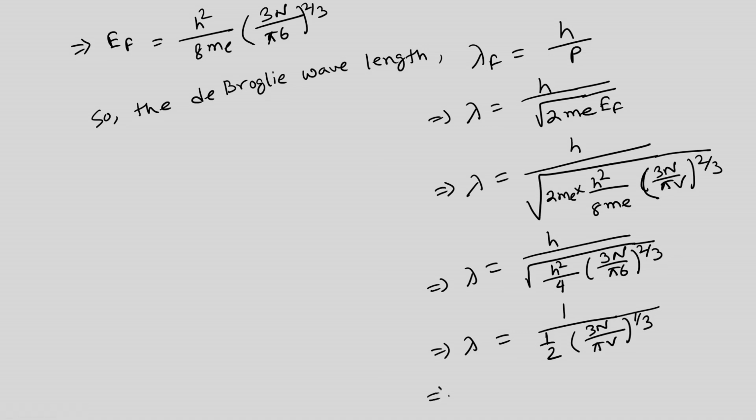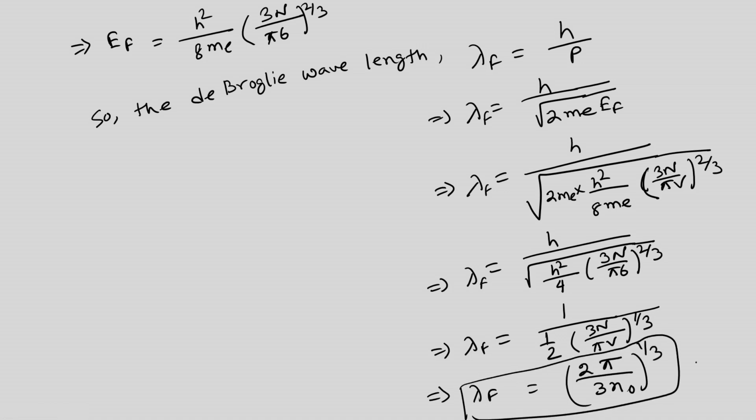Okay, so we get lambda f equals to twice pi by 3 N0 to the 1 by 3, proved. Okay, so, we have proved it.